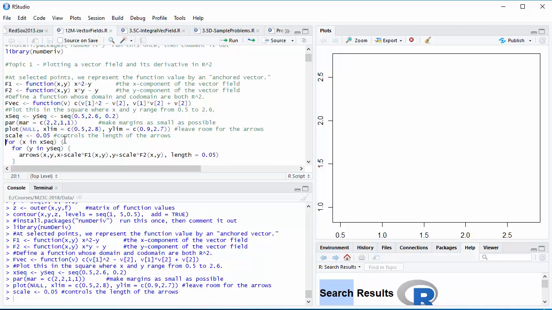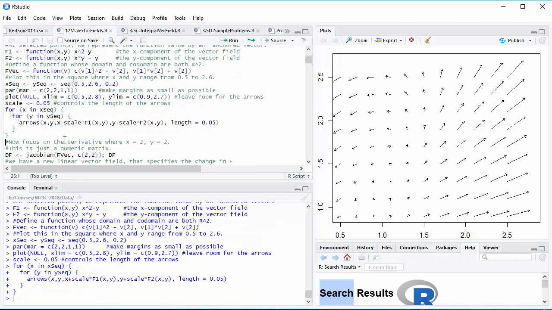Don't worry about the details of how to plot these arrows unless you try to do it yourself. But what I've done is, at selective points, to plot arrows that represent the vector field. The vector field assigns to every point a vector.